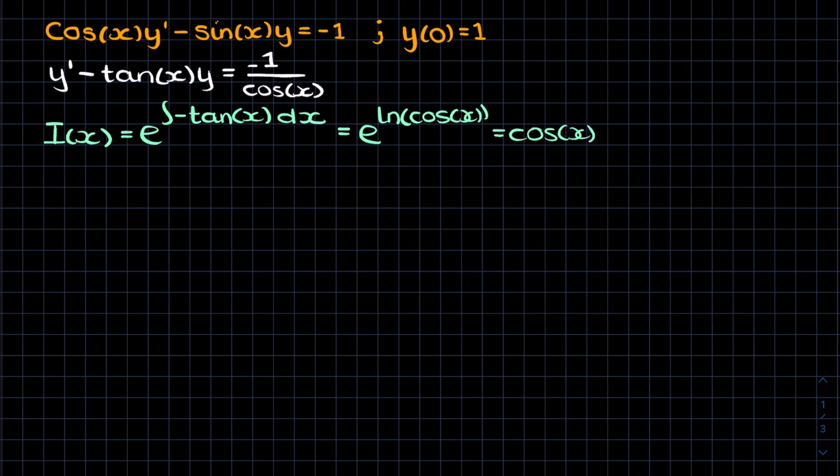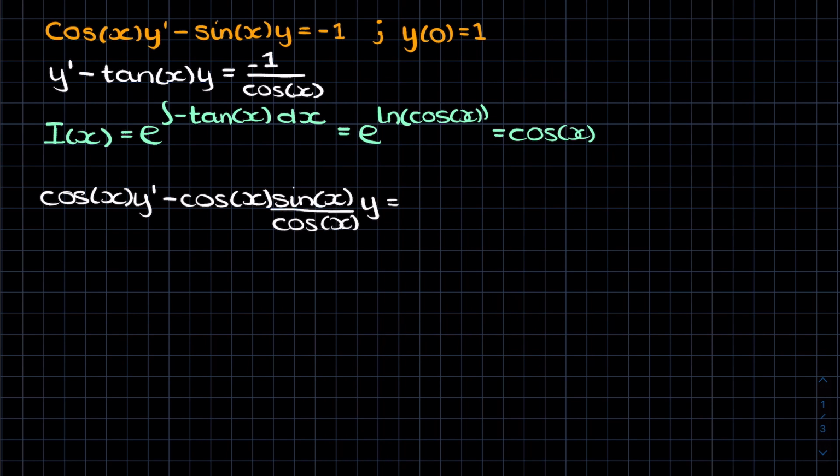Now we can multiply both the left and the right hand side by cosine of x. And we can see that our cosines here will cancel. So we'll just be left with cosine of x, y prime minus sine of x times y equals minus 1.